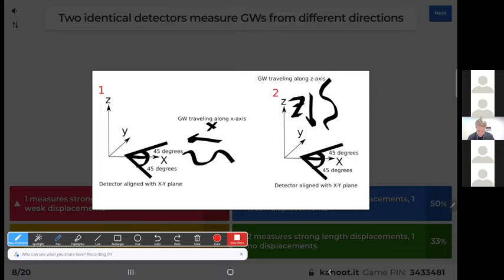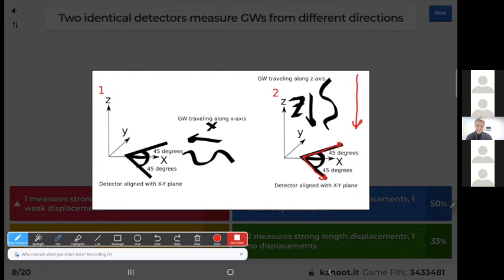To understand what you mean, essentially there's going to be contraction along the perpendicular direction, and this arm doesn't change when the gravitational wave passes by. The two arms don't change at the same rate. Is that what you mean?